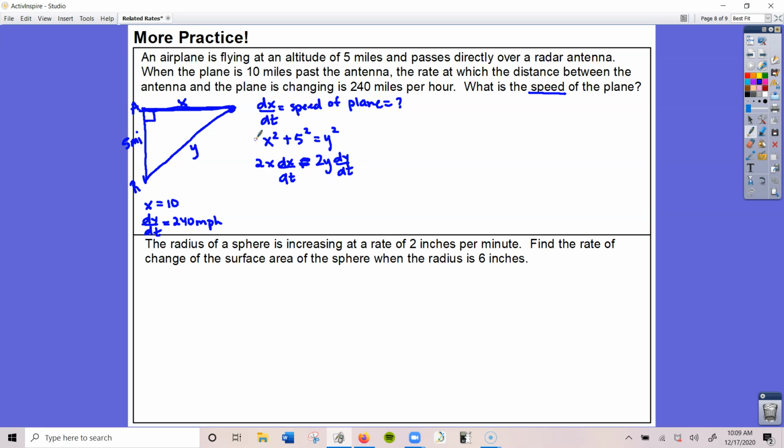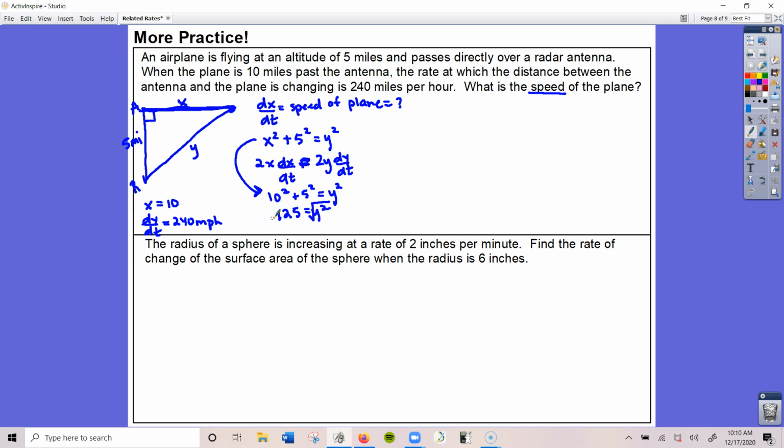Now I have dy dt, but I don't have y. And just like in the other triangle problem, we can use this Pythagorean theorem to solve for y. We were given that when x is 10, so 10 squared plus 5 squared is going to equal y squared. 10 squared is 100 plus 25, so 125 is equal to y squared.